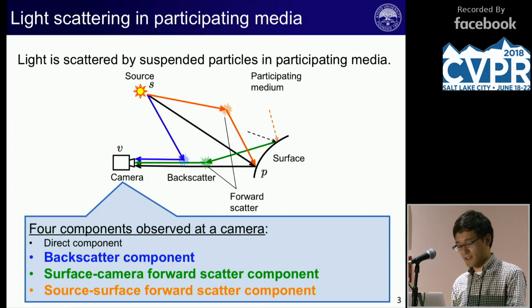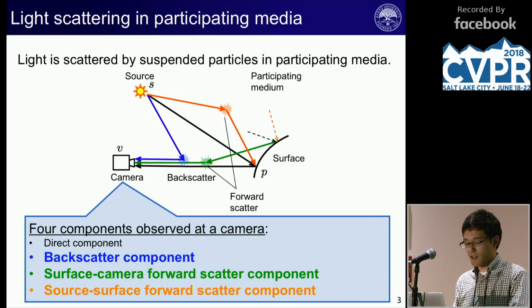And the last one is the source surface forward scatter component, shown by an orange line. This component reaches the surface after forward scatter from a light source. In this study, we model these 4 components and we reconstruct the 3D shape.